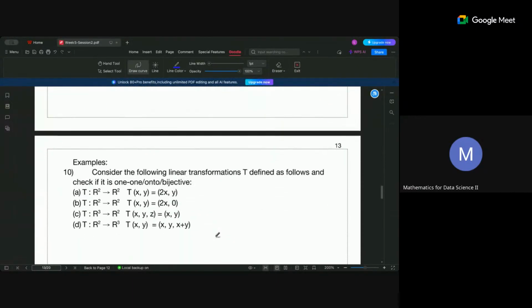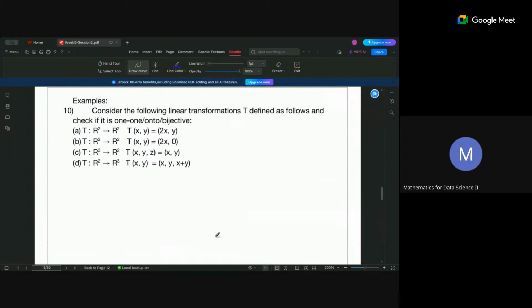Okay, fine. Now first, everyone take paper and pen, and check one-to-one and onto. I will tell you how to do it for one problem, then you can do it for the other problems. One-to-one is very easy to check. Just put 0. Let T of x comma y be equal to 0, 0.